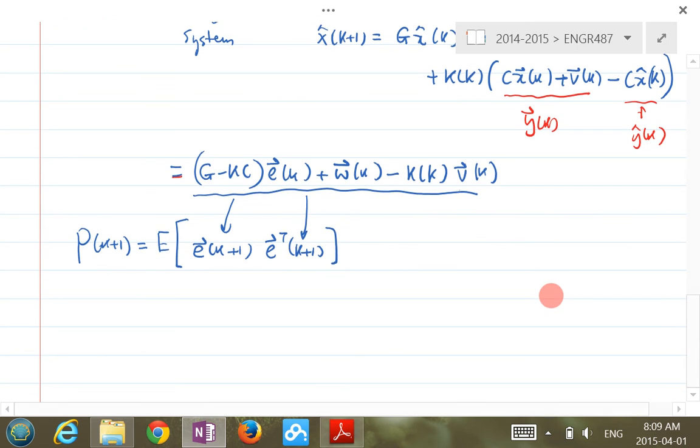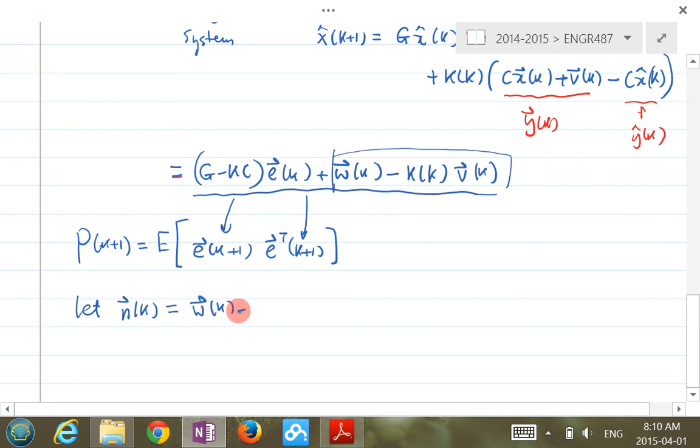So to simplify the writing at this stage a little bit, we can let a temporary quantity n of k equal to this portion here.